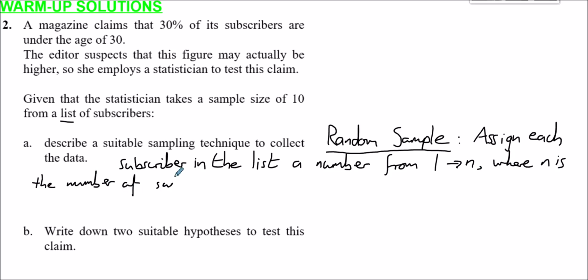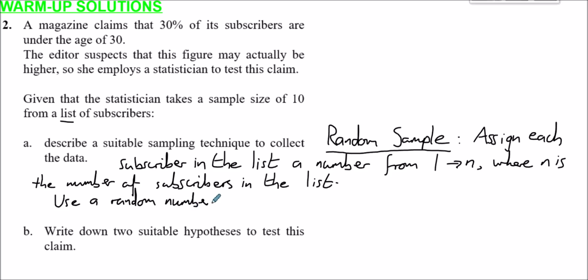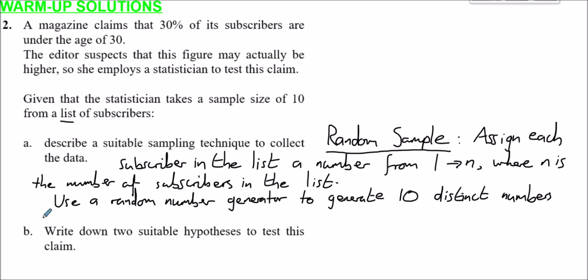Now what we could do is generate some random numbers. So use a random number generator to generate distinct numbers between 1 and n inclusive.